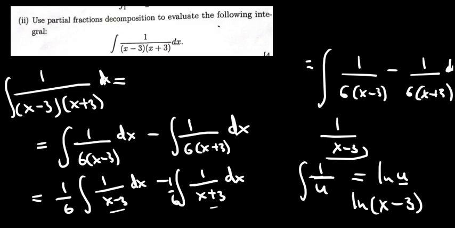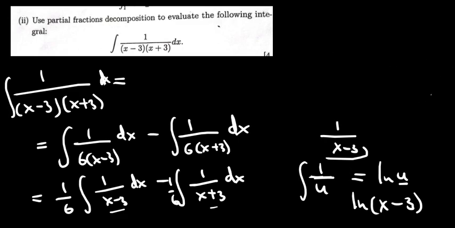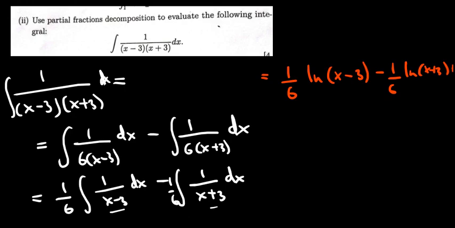This leads us to 1 over 6 ln of x minus 3, minus 1 over 6 ln of x plus 3, plus c.